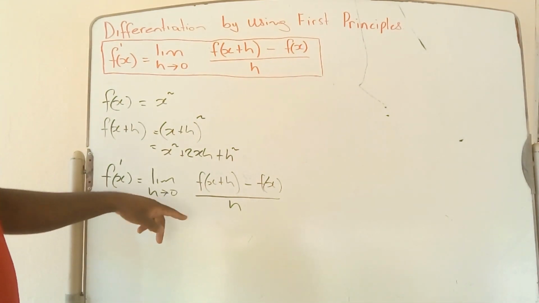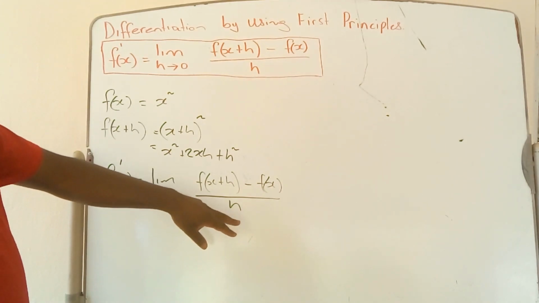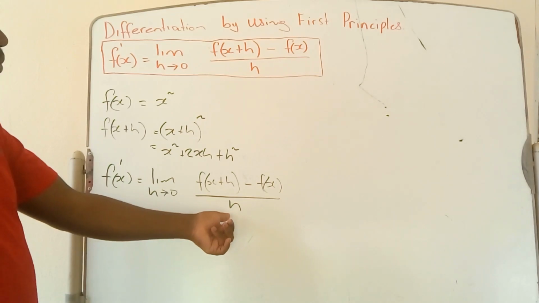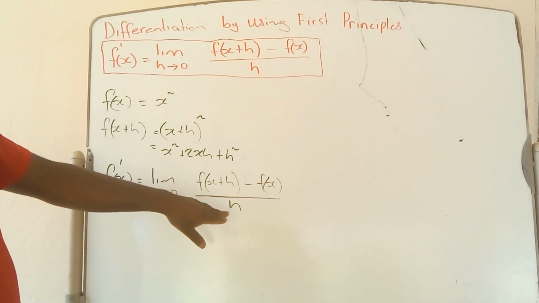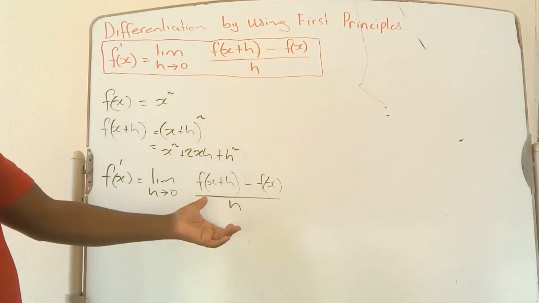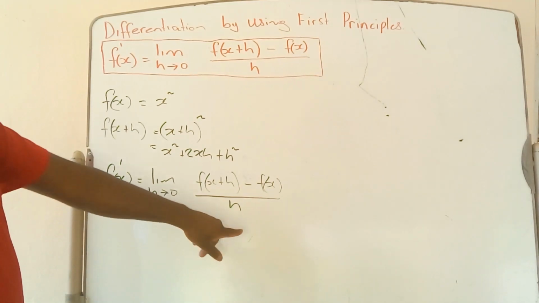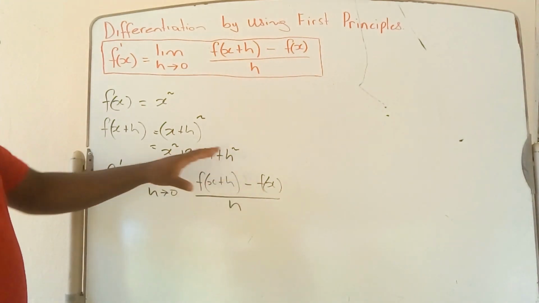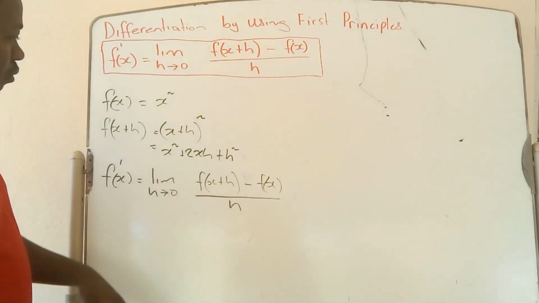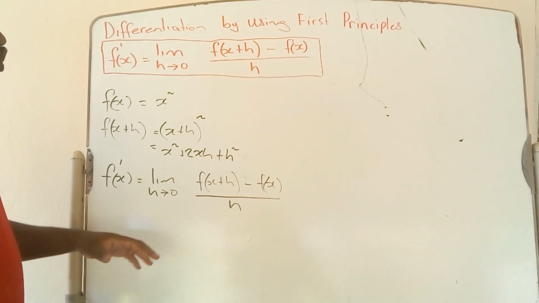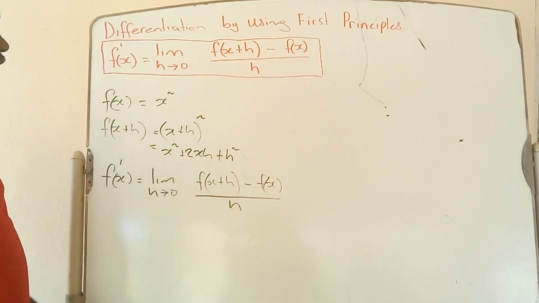If we sub 0 in, we're going to get the function divided by 0, and anything divided by 0 is undefined, right? So we can't just sub 0 in there. So the idea is we're going to try to manipulate the function and try to get rid of this h in the denominator.